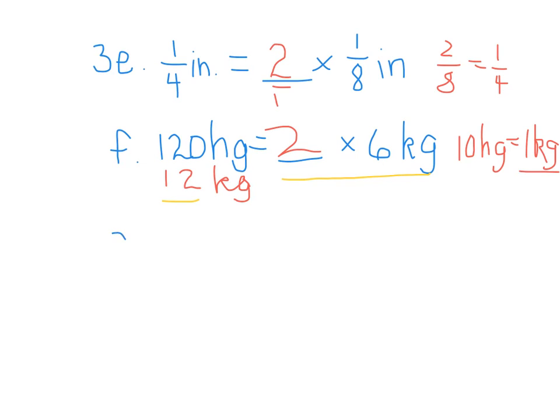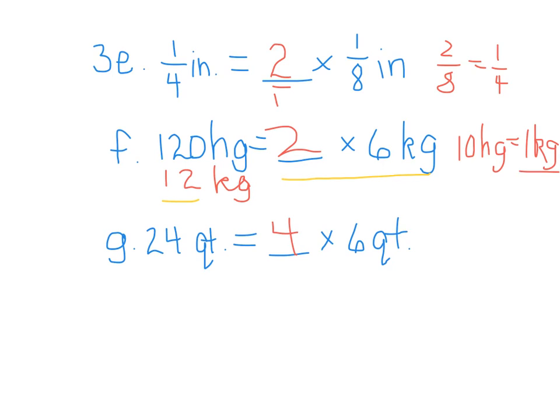All right, we're on G. 24 quarts is how many times 6 quarts? And hopefully you're already seeing what your answer is going to be, because what times 6 equals 24? 4. 4 times 6 equals 24.